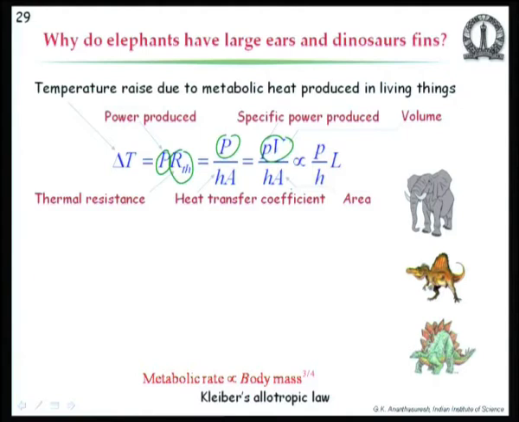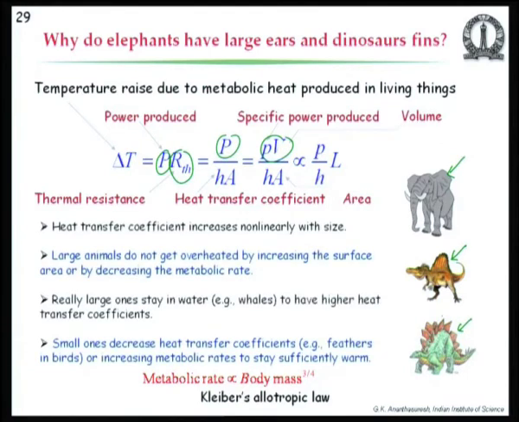One way to have sufficient area is to have these large ears for elephants and other large animals, as well as the fins that are there for dinosaurs. That explains why we need to worry about cooling at large scale. At small scale it may not be, but it really depends on the application. So, we have to look at the scaling carefully.